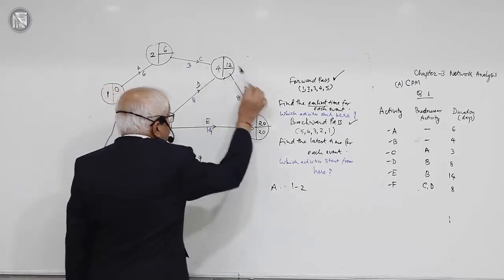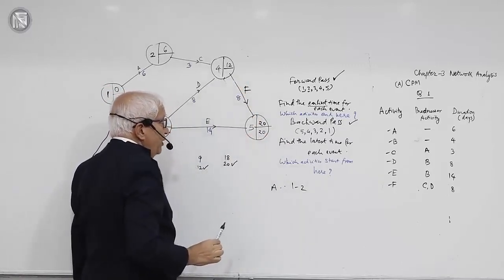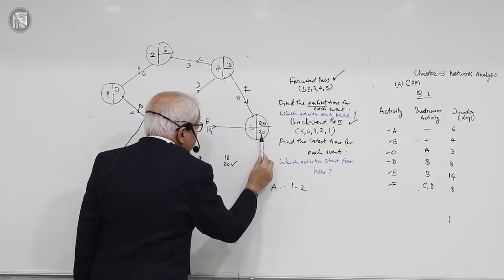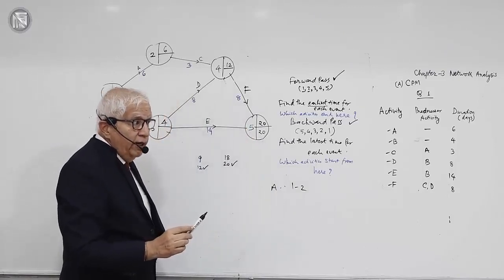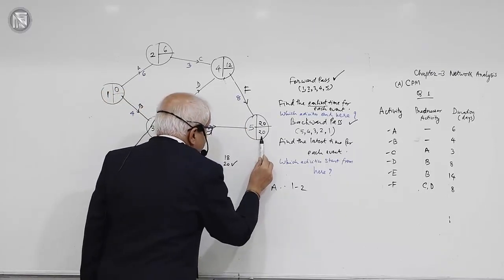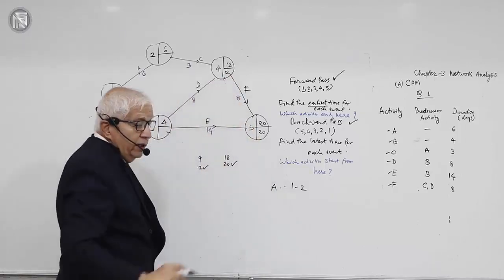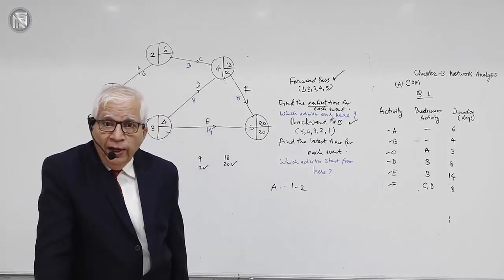Now look at this event number 4 and particularly the activity 4, 5. What we understand is activity 4, 5 must be completed latest by time 20, and it takes 8 days for completion. So when should it start at the latest? 20 minus 8, that is 12. In other words, event number 4 must happen by time 12.